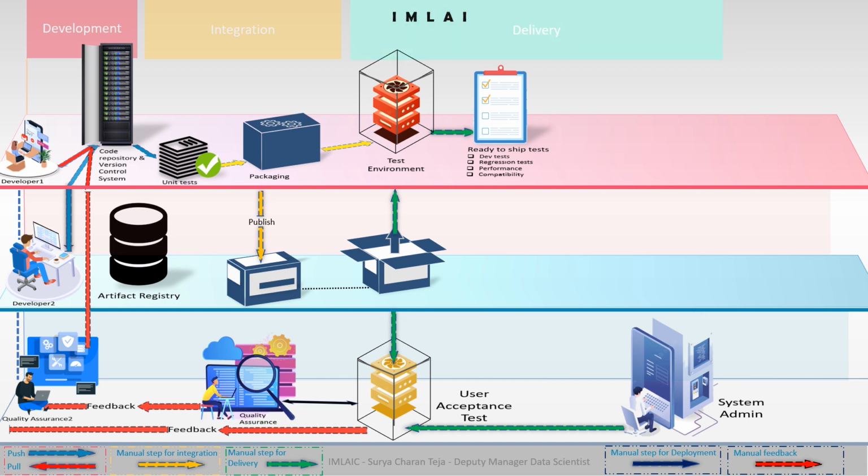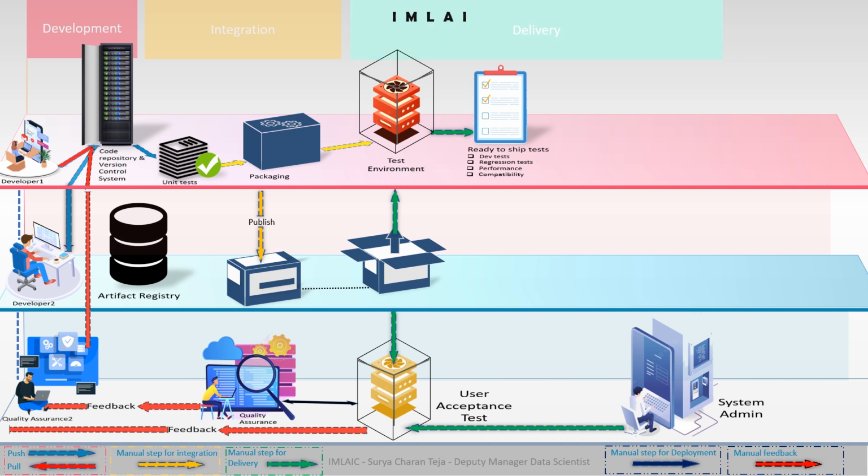Dev test is nothing but you add some comments or a few more lines to the code, and you build it again, and you check whether it is working properly or not. This is a common test done by the DevOps guys. And we'll check the compatibility, performance, and the regression test. Compatibility, whether it fits with that certain environment or not, and performance, at what speed it's working, and everything. These kinds of tests we will do.